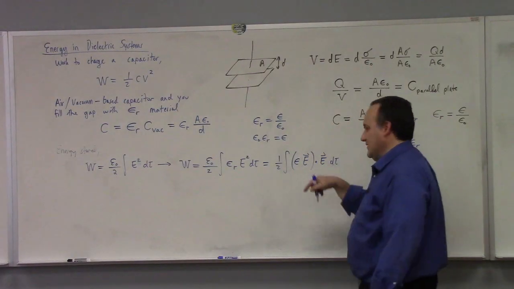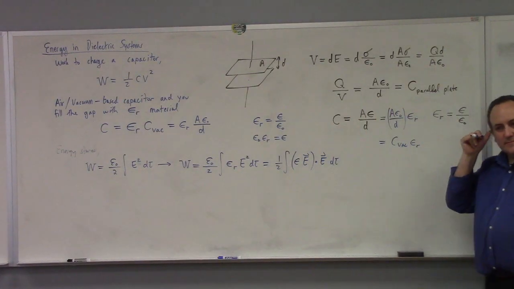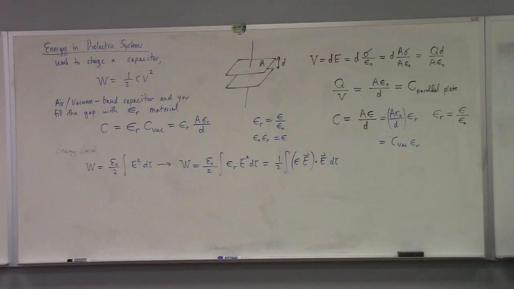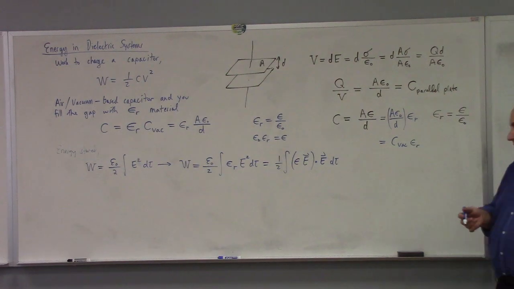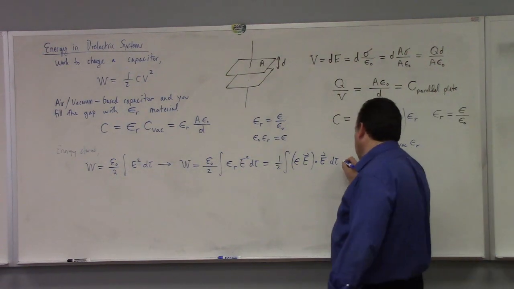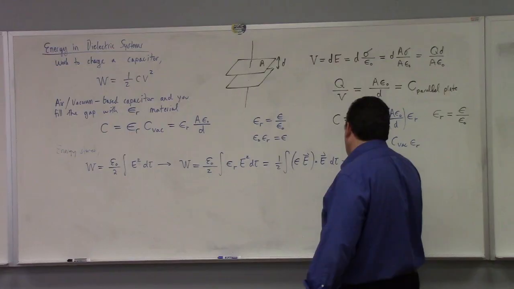But what is epsilon E? We're in a linear dielectric right now, so epsilon E is just D, the electric displacement.